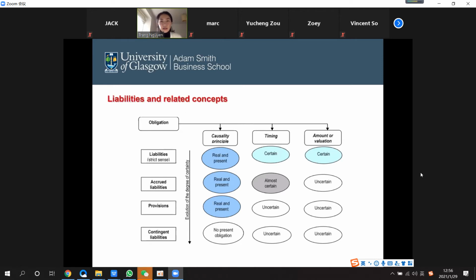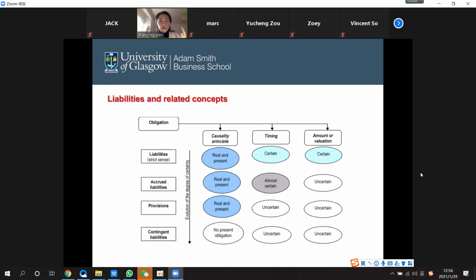Because of that behavior, we ignore that information, and therefore two firms become quite different. One firm has higher liabilities because of a provision, but another firm has lower liabilities because of contingent liabilities.